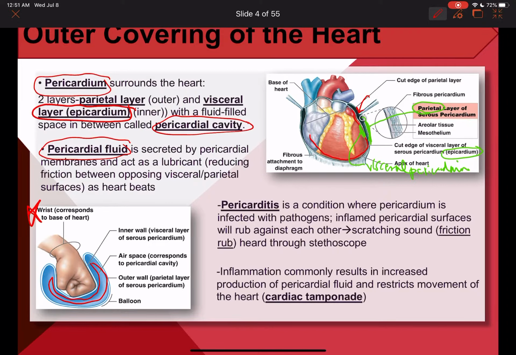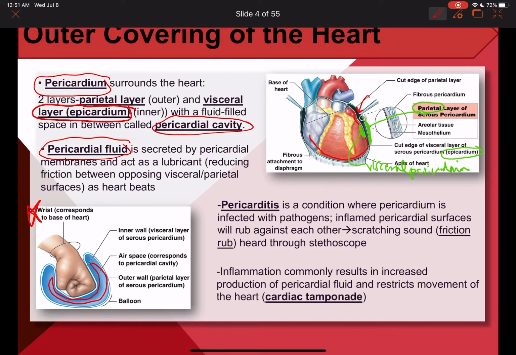Now imagine if there's lots of fluid being generated within the pericardium, or, as a lot of movies and dramas like to put it, something starts bleeding within the heart and the blood starts seeping into the pericardial cavity. That's also what happens, and that's when they go in there with the needle and try to remove blood from the pericardium. That's that whole drama within those medical dramas that they always have.